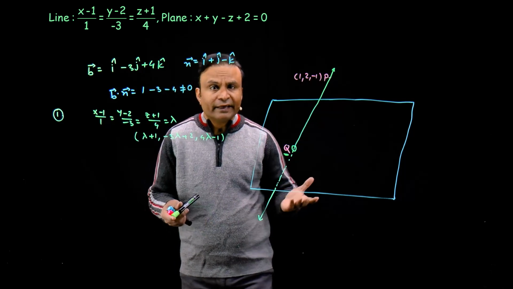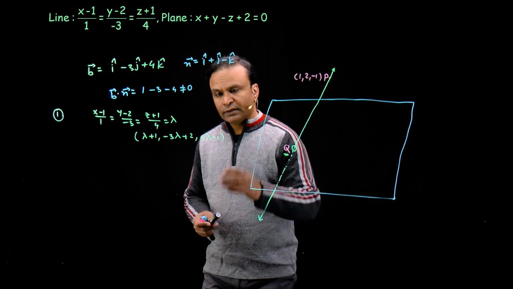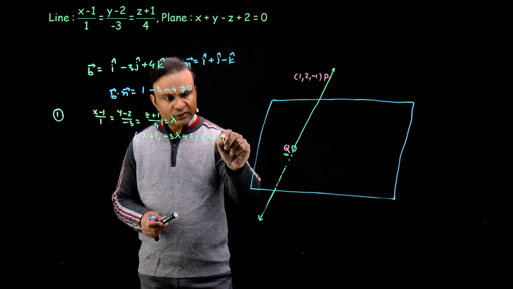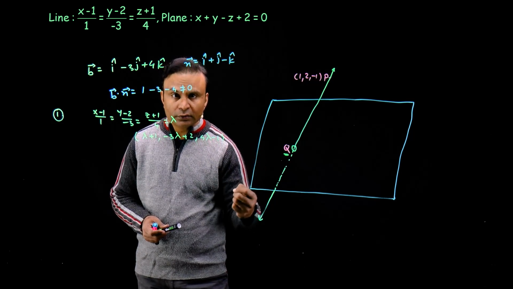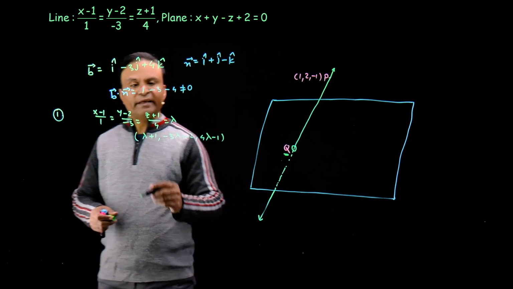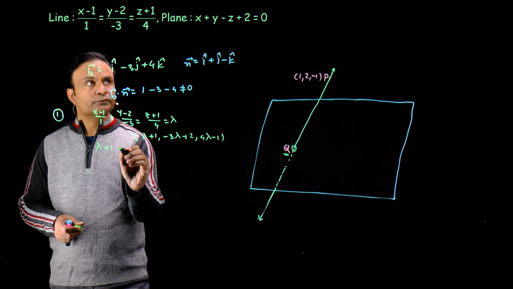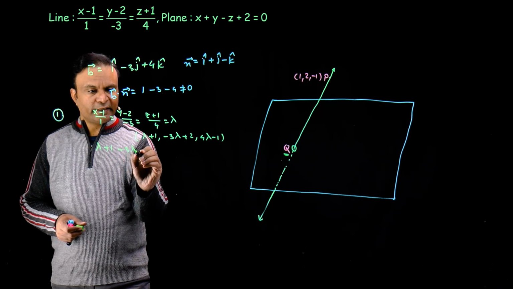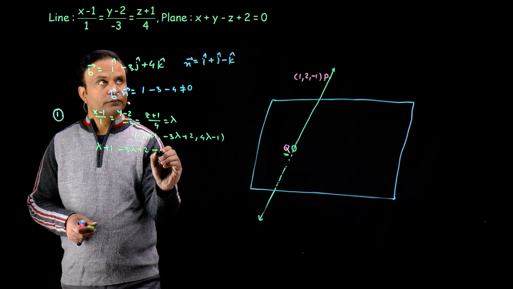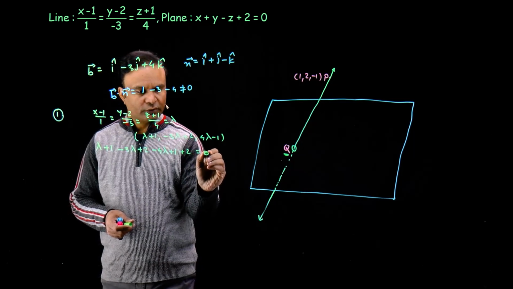Now how do we get that value of lambda? It's simple. At that time, this point will lie on the plane. So let's put this point in the equation of the plane. We have lambda plus 1 minus (minus 3 lambda plus 2) minus (4 lambda minus 1) plus 2 is equal to 0.